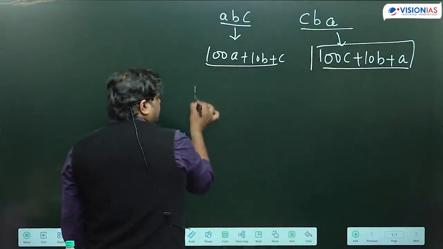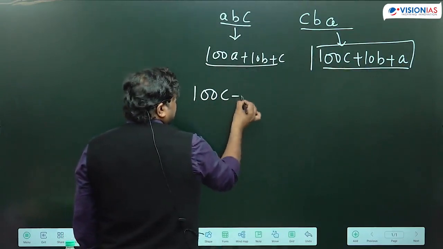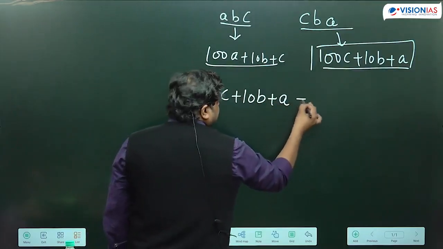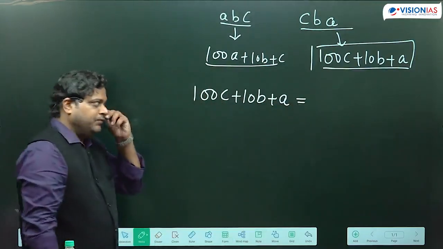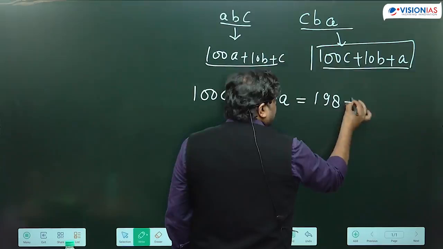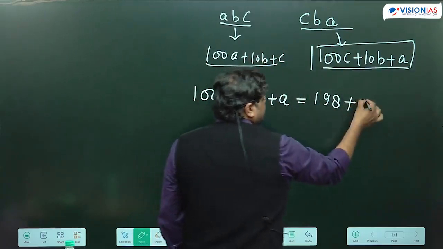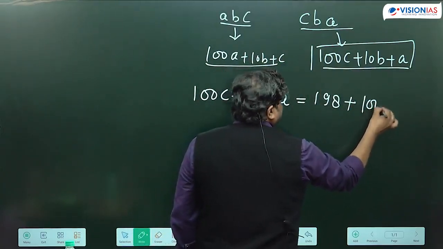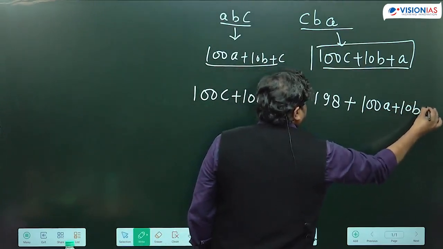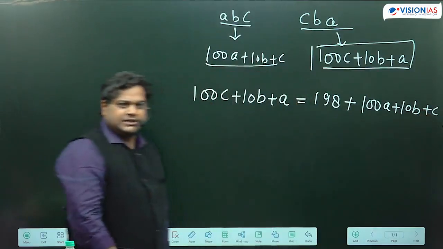We are getting that number, 100c plus 10b plus a. This number is 198 more than the original number. Original number is 100a plus 10b plus c. This is given in the question.